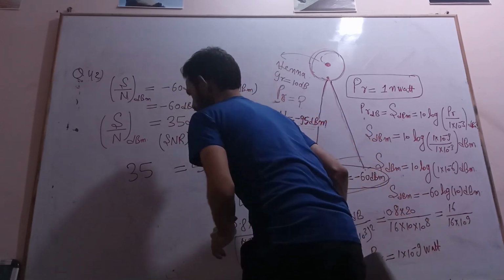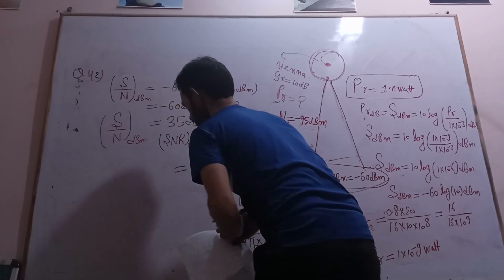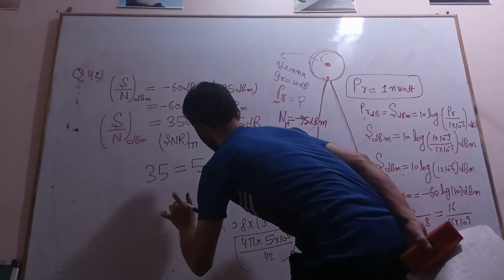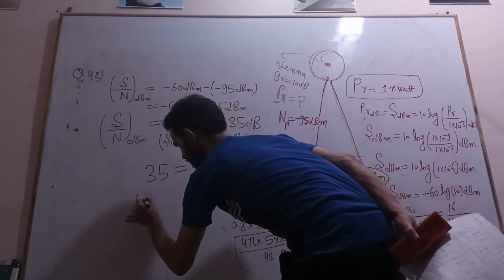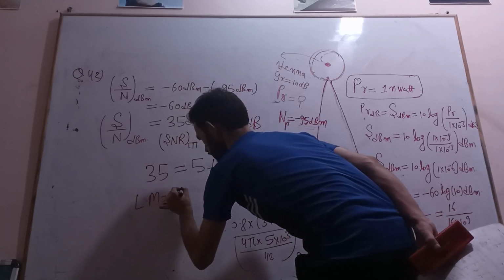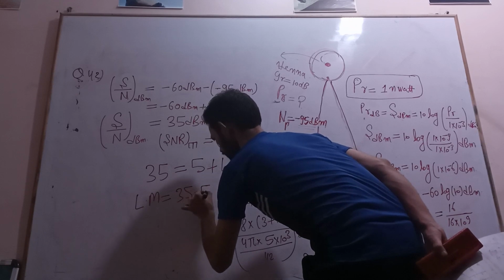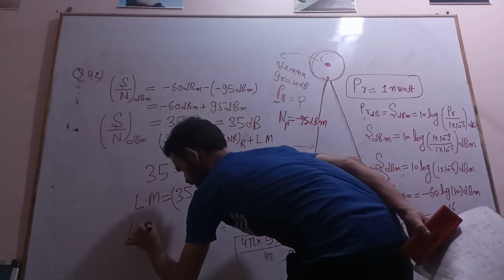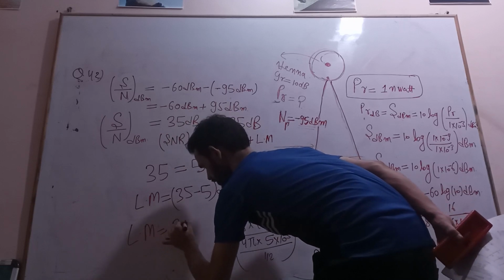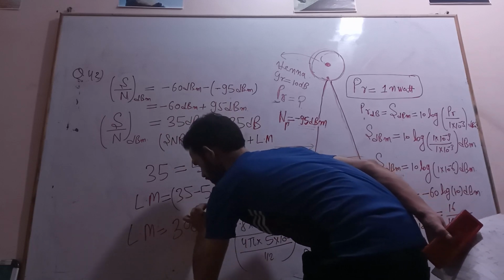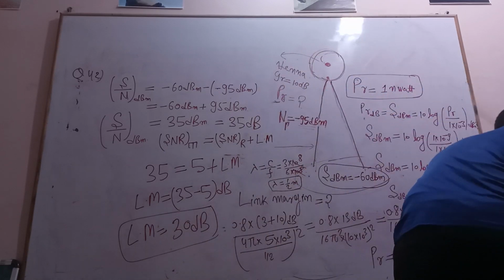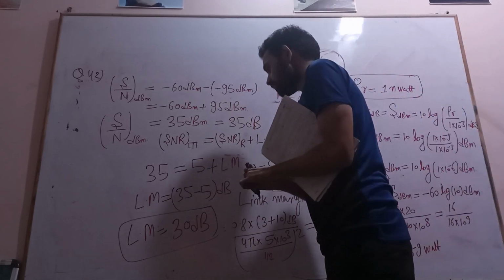This link margin is 35 minus 5 dB. So how much link margin did we get? 30 dB. So we got the link margin of 30 dB.